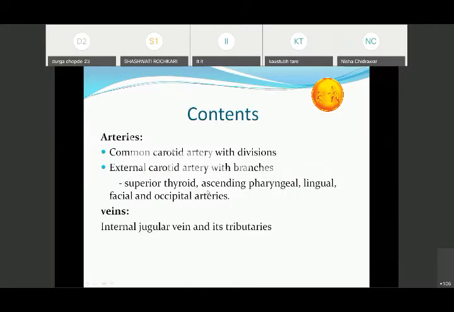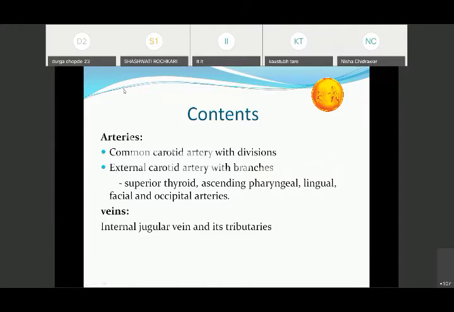Now, what are the contents of this triangle? As we have seen, it is the largest subdivision of the anterior triangle. It has arteries, veins, nerves, and also lymph nodes.